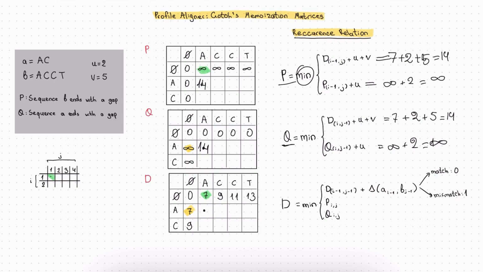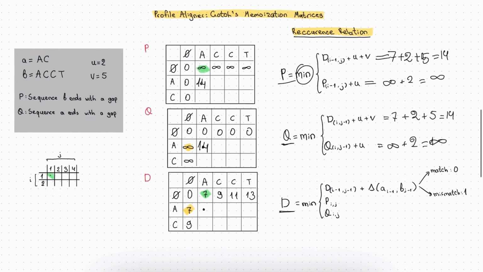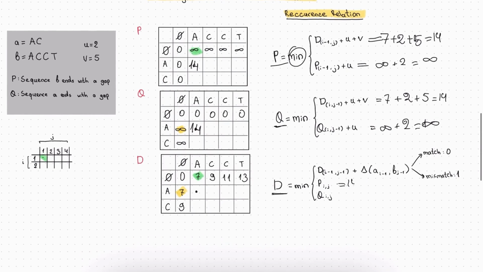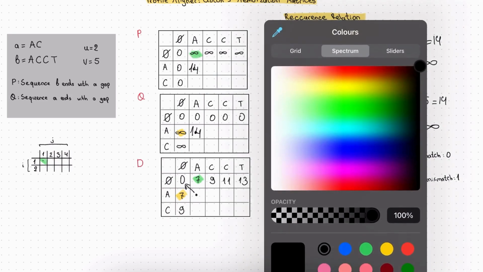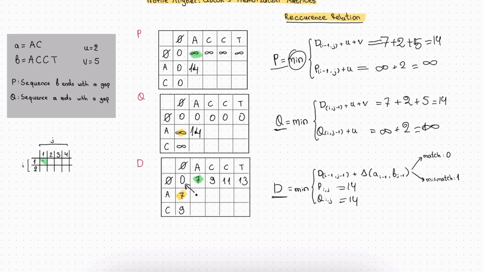Lastly, we need to fill out matrix D. Matrix D wants us to look at P at I and j, so the values that we just filled out, which was 14 in both cases, and we also want to look at a cell I minus 1 and j minus 1, which is a cell that I just pointed at.